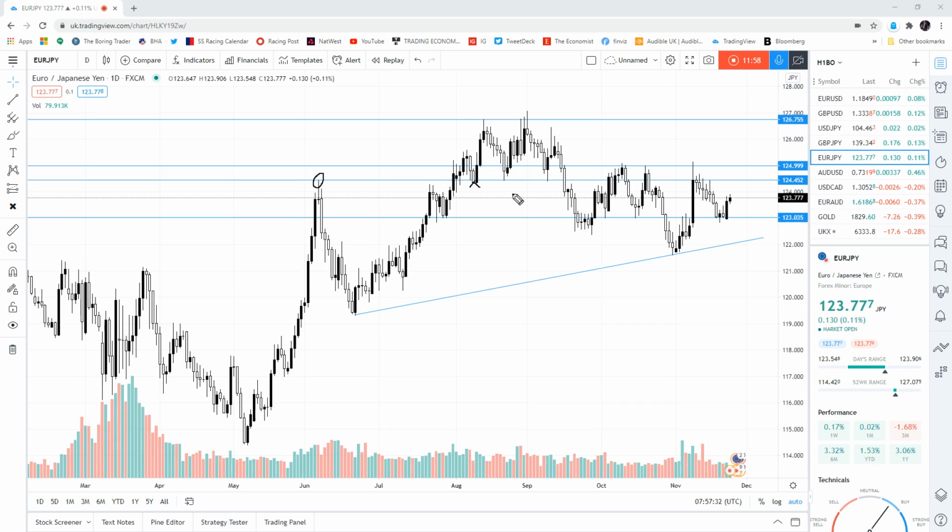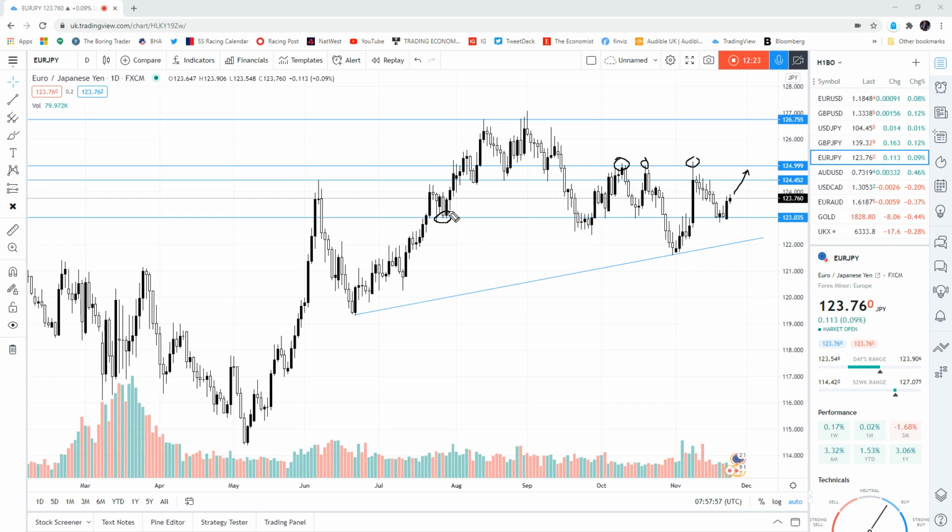These 1.2445 has been respected as support in the past. Also acted as resistance a few times. And also if we step above that, we've got a triple top here that could act as a magnet if we see momentum to continue upwards.